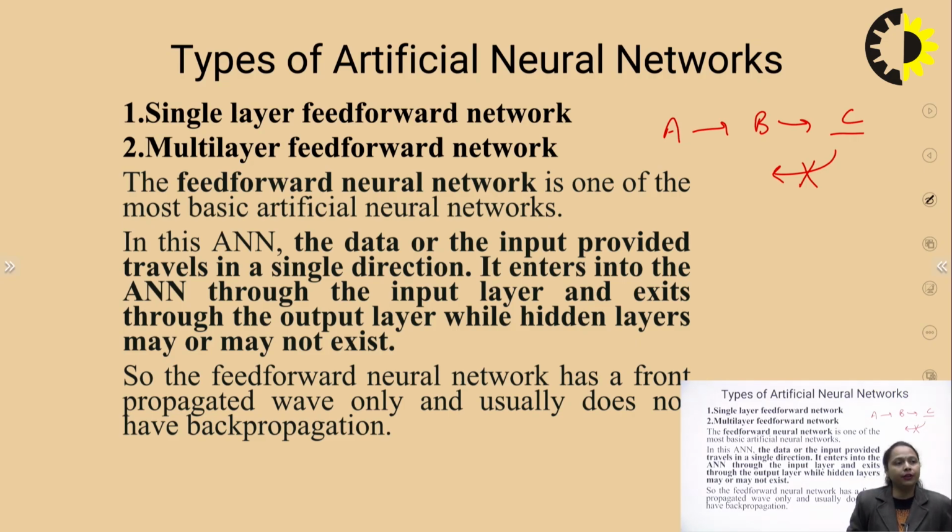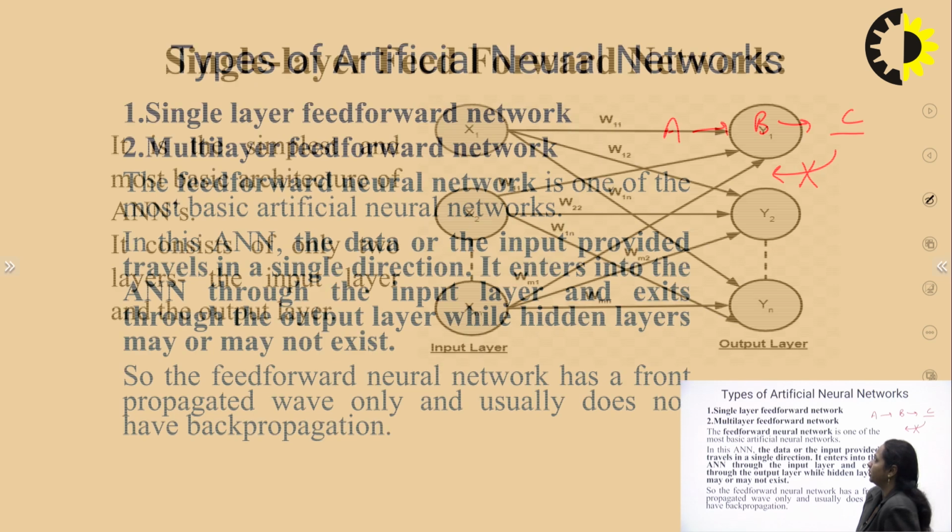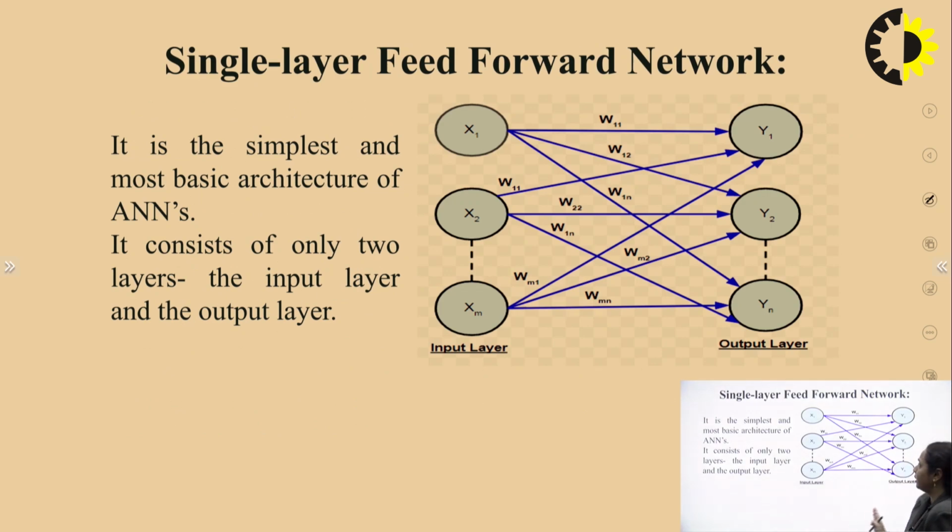Single layer feed forward means only a single layer is present between the input and output layer, and a multi-layer feed forward network means there are multiple hidden layers present between the input and output layer. So this is the diagram for the single layer feed forward network, which is the simplest and most basic architecture of ANN. It only has two layers, the input layer and the output layer, and all the layers are connected with each other.